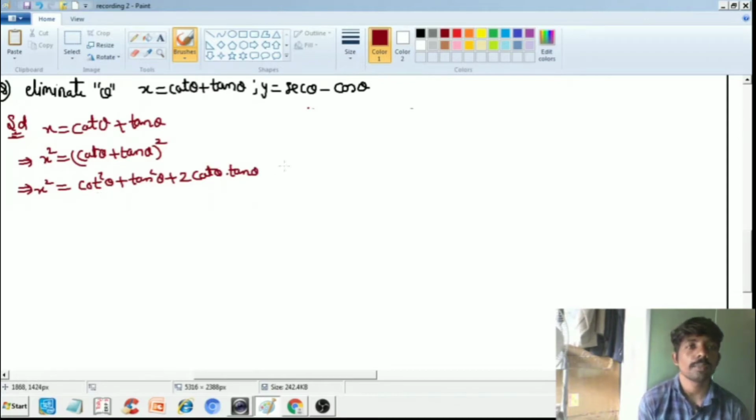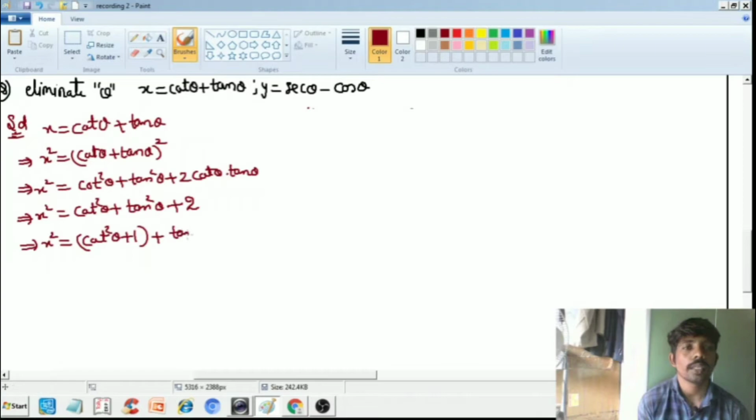This is a square plus b square plus 2ab. Cot theta into tan theta is always equal to 1. So, this 2 is split into 1 plus 1: cot square theta plus 1 plus tan square theta plus 1.